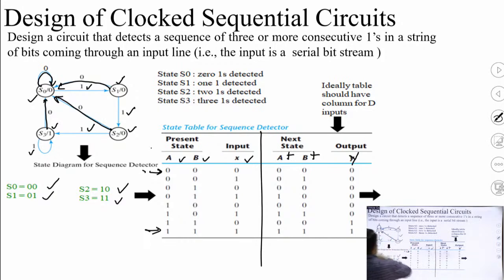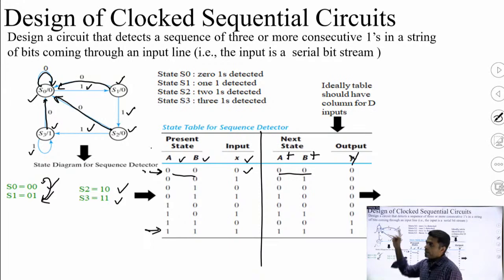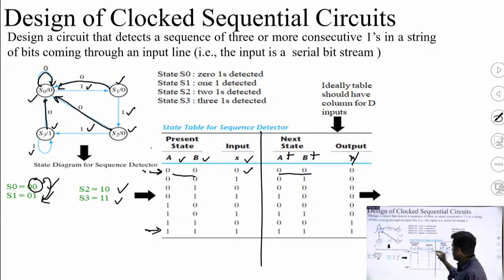Now, from the diagram, whenever X is equal to 0, you are going to S0, which is 00, so for these 4 cases the next state is 00.